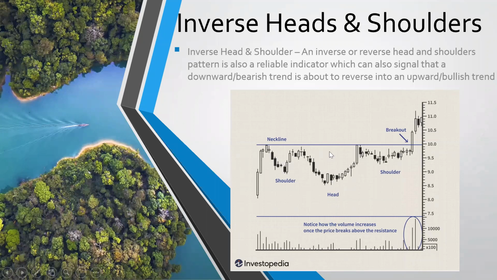So if you see an inverse head and shoulder, two peaks similar in height and the middle peak being lower than the adjacent ones, then that basically shows a future reversal from a bearish to a bullish trend.